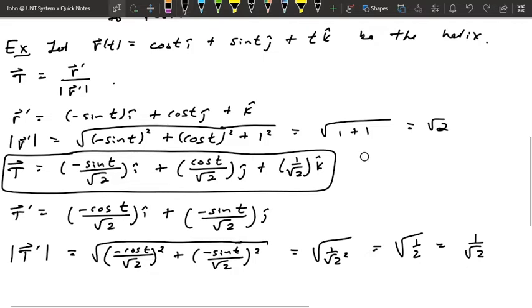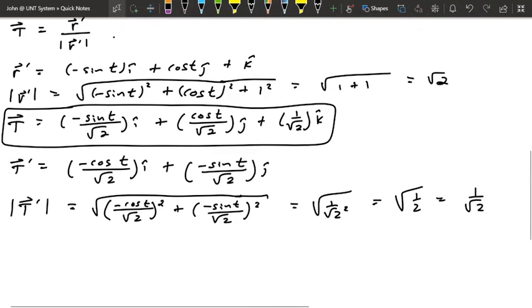Okay, so N is T prime over the length of T prime. So we're dividing by 1 over square root of 2, which is the same as multiplying by square root of 2.